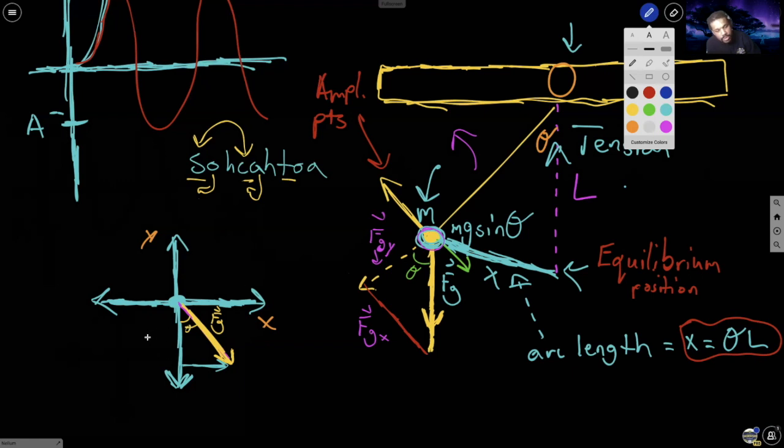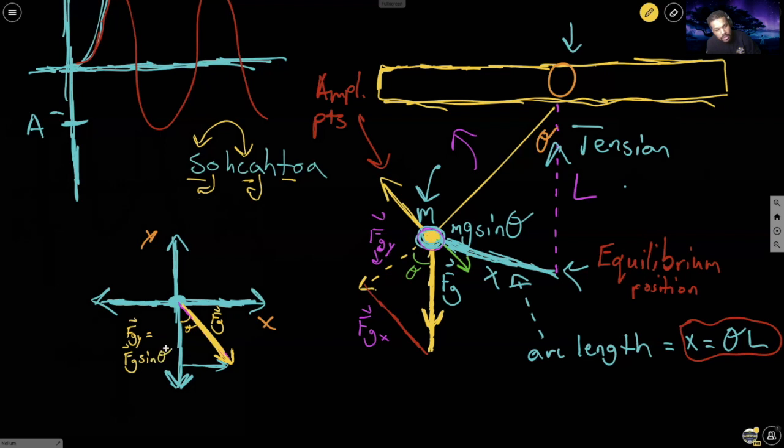And we're going to just pretty much take FG. So we said FGY, it's a better color. FGY is going to be FG sine of theta.